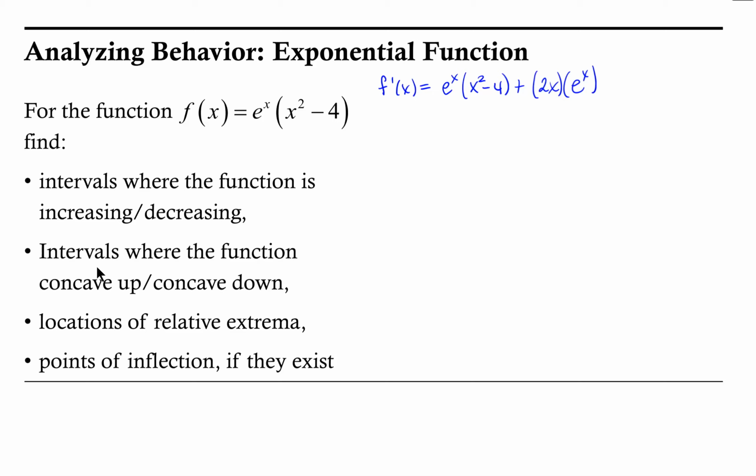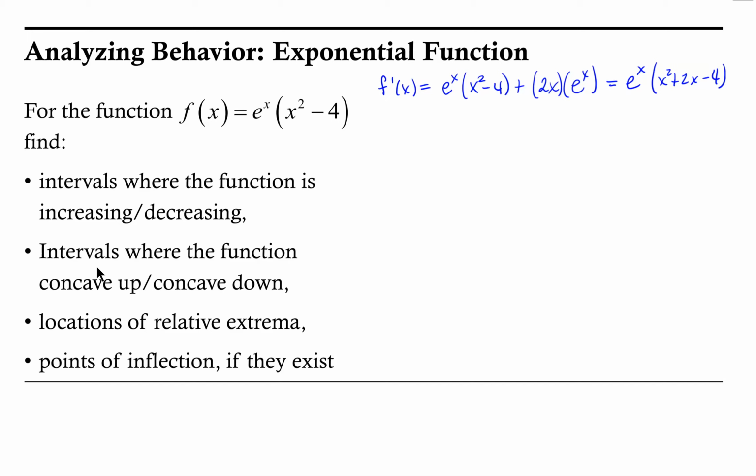Notice that both terms have a common factor of e to the x. So we will factor that out, and we will have x squared plus 2x minus 4 as the simplified form of our derivative.